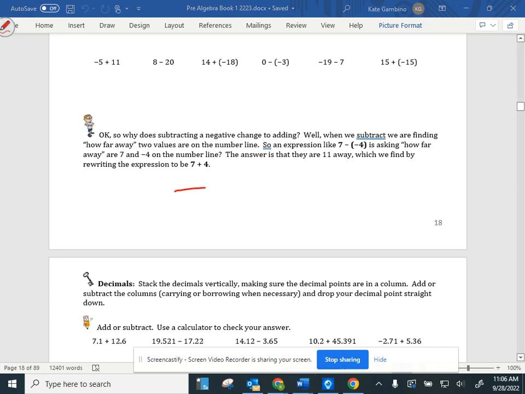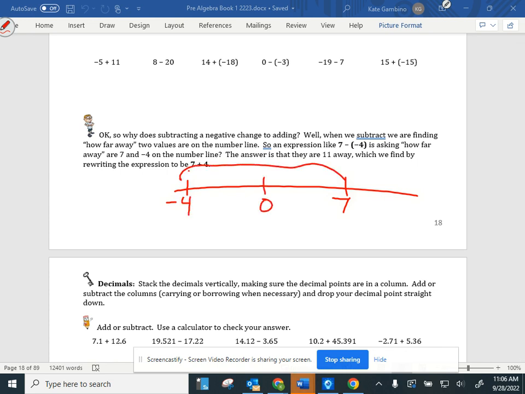So what that looks like is if we are at 7 minus -4, -4 is way over here. They're 11 away from each other. So 7 minus -4 means they're 11 away from each other on that number line.